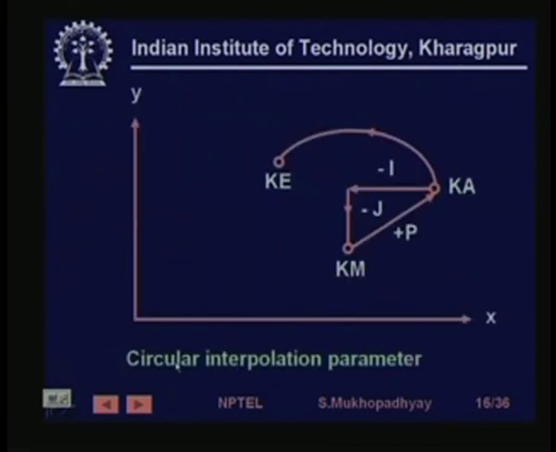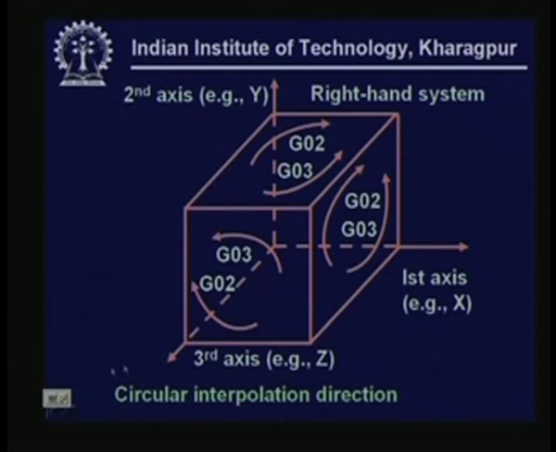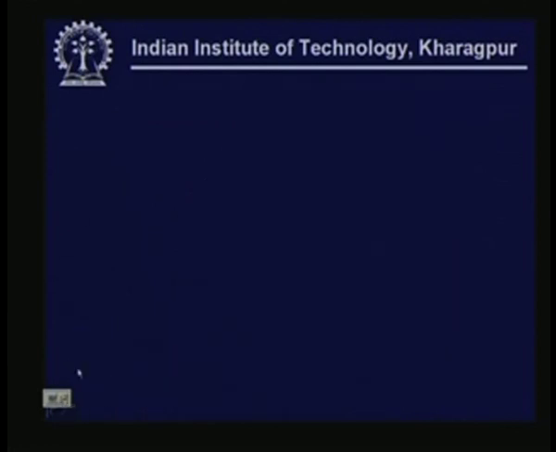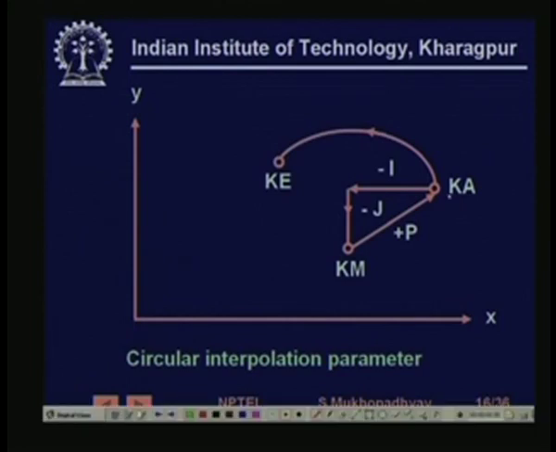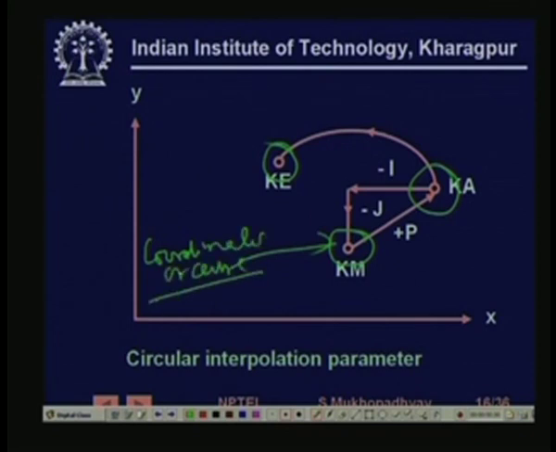Similarly, if you have circular interpolation, then you have to give the start coordinate, you have to give the end coordinate, and since this is going to be a circular arc, you have to give the distance of the center from x and y.